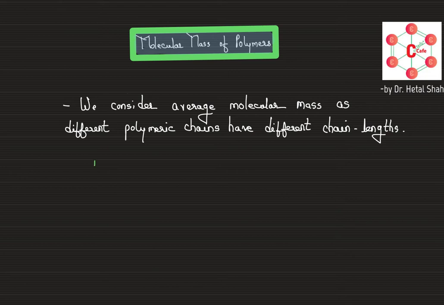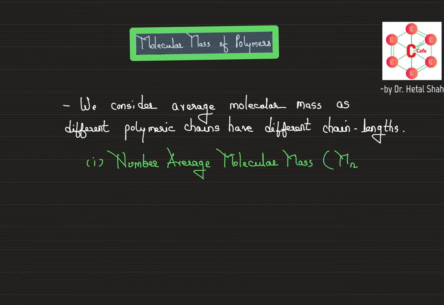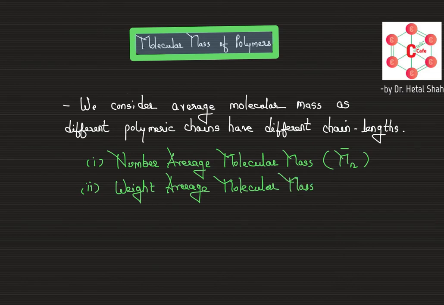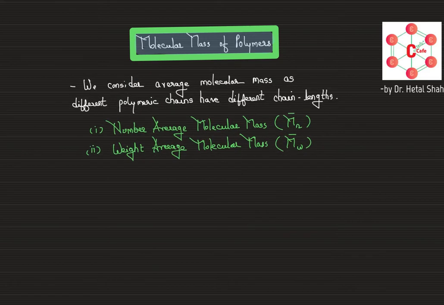One is called the number average molecular mass, which is also shown as Mn, and the other is the weight average molecular mass, which is like Mw average. So these are the two important types of molecular masses that we have to understand.